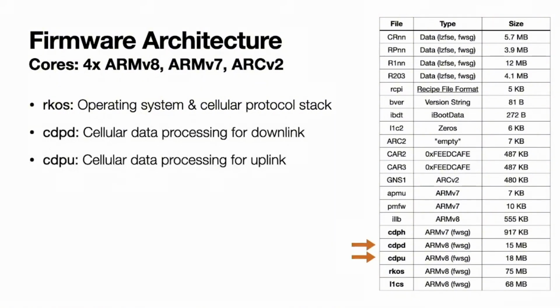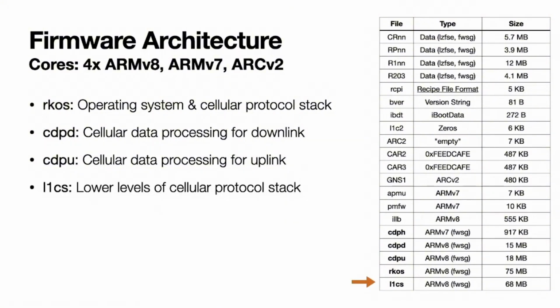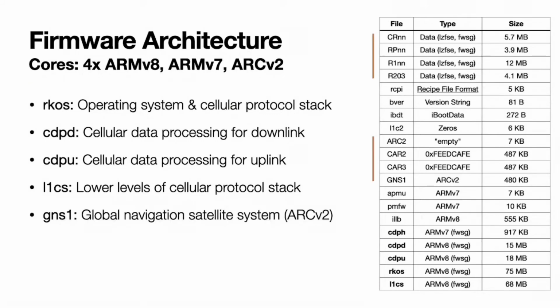Then we got 2 files basically, supporting the up and downlink data transfer, because that should work independent of other stuff and be fast. Then L1CS implements the lower levels of the cellular protocol stack and also some signal processing. And there are some more files which support the GNSS implementation, or GPS, however you want to call it. And this runs on an ARCv2 core.